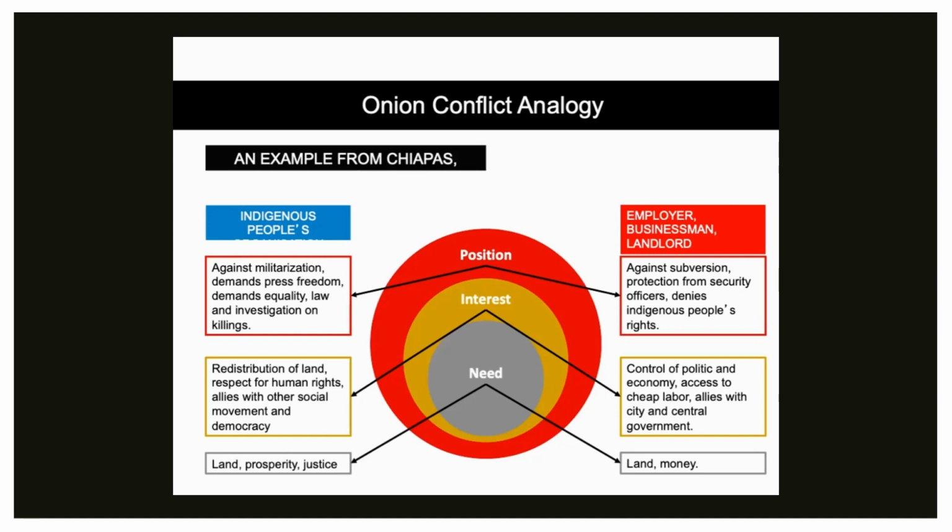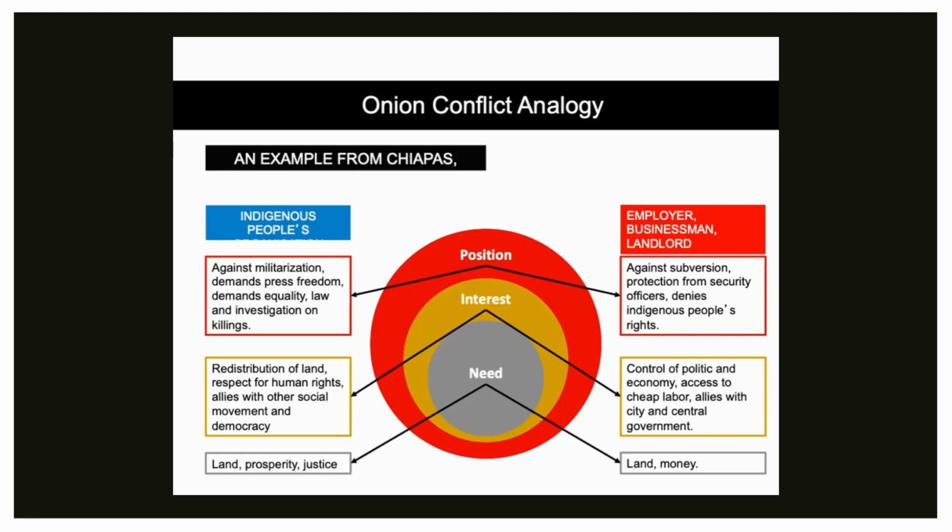But the need looks like the same. We can see that the indigenous people need land, prosperity and justice. And also the businessman, the landlord, the employer need land also, and money. To see the common needs between the conflicting parties is very important.